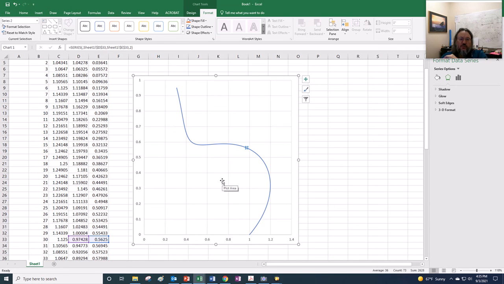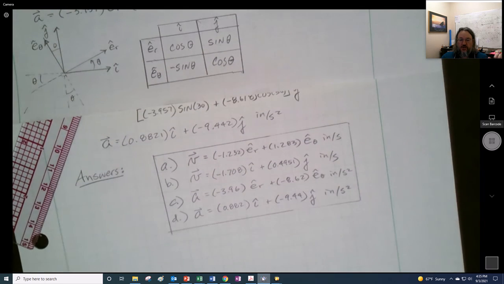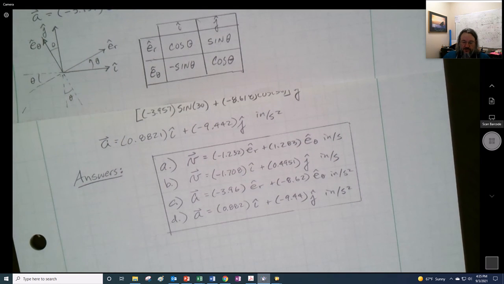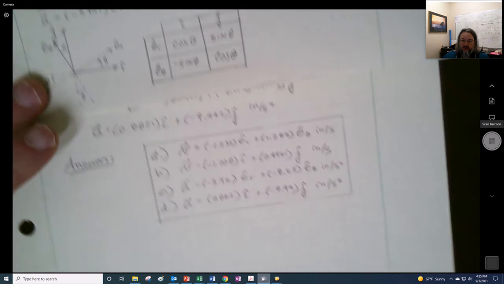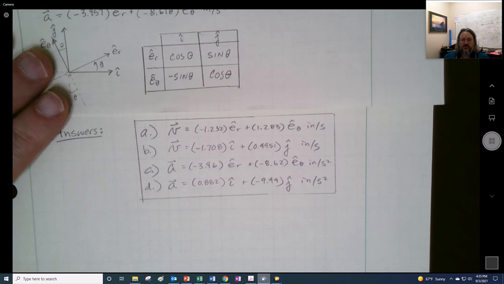I don't know. But anyway, how do you think you would go about doing that? That's the question. Do you know something special about radius of curvature?